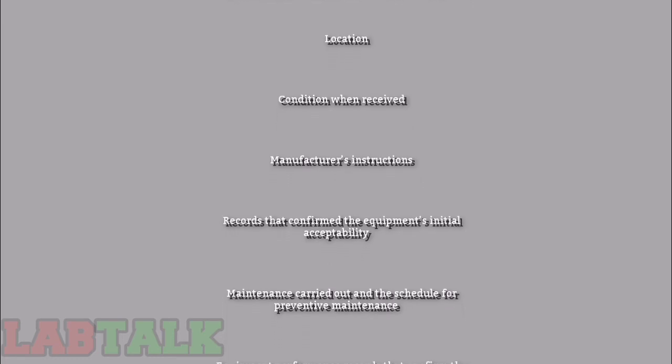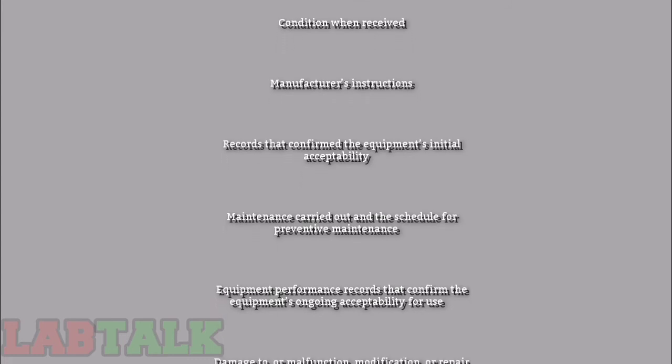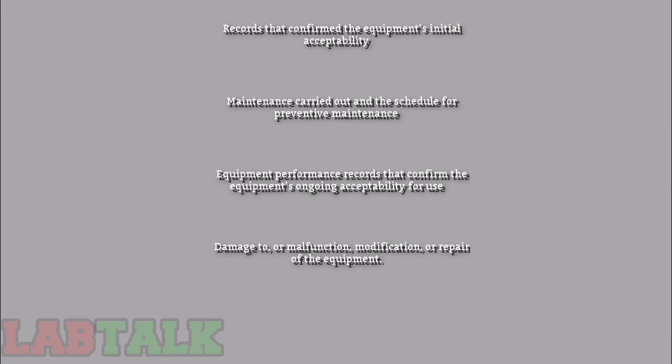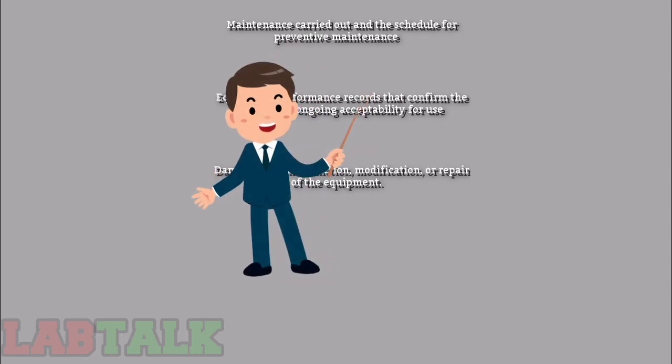This includes IQ, OQ and PQ, maintenance carried out and the schedule for preventive maintenance, and equipment performance records that confirm the equipment's ongoing acceptability for use. Damage to, malfunction, modification or repair of the equipment should be included as a part of complete equipment records.